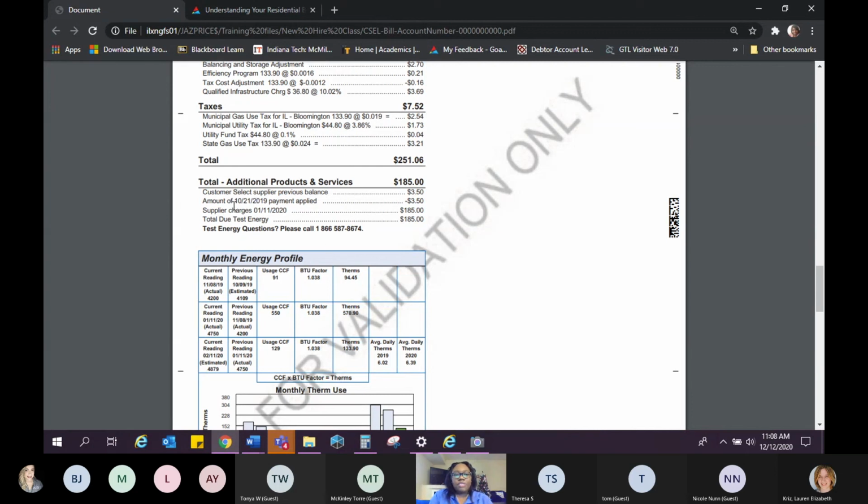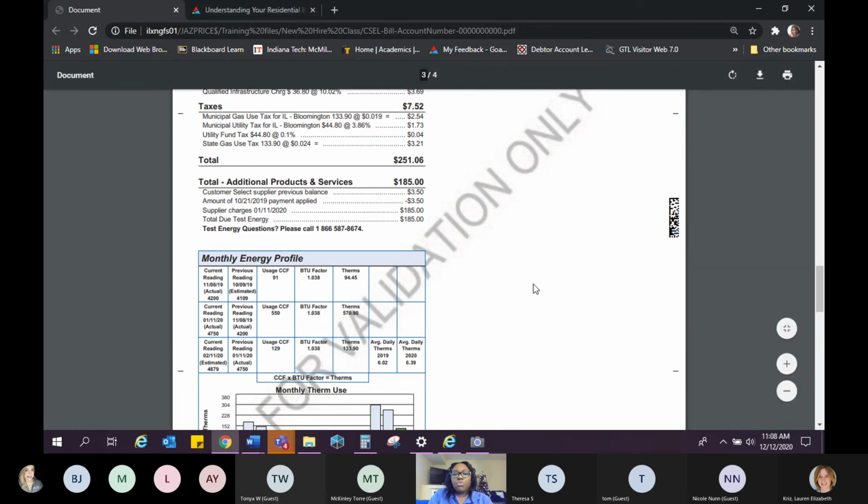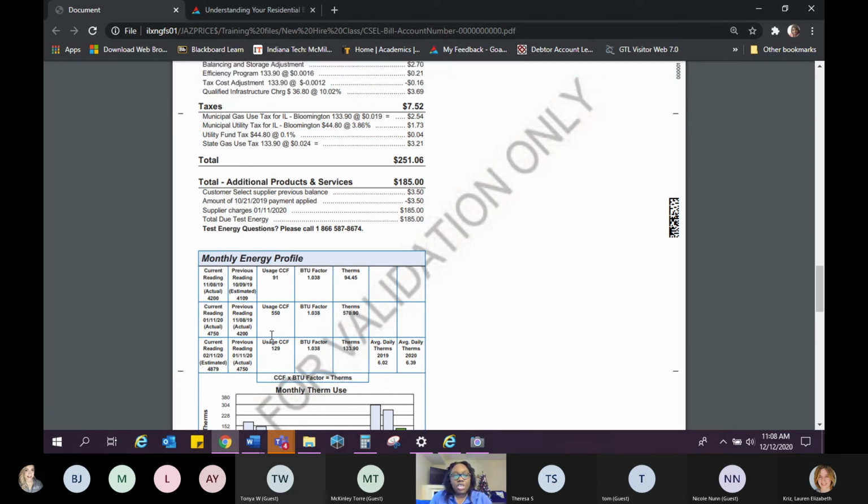So let's say, for instance, if this customer did have a warranty also, it would just be another section here with that company's information as far as how much they're being charged for the previous month, or if they had a balance, what their current balance is, what the new charges are, and when and how much is due.